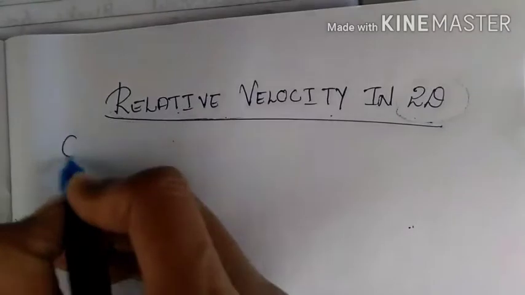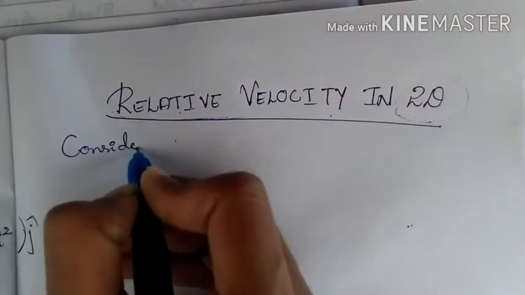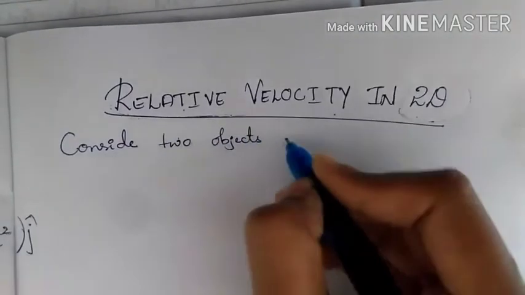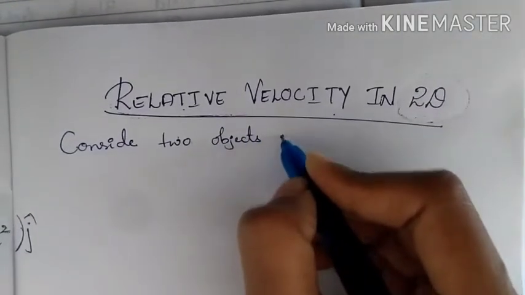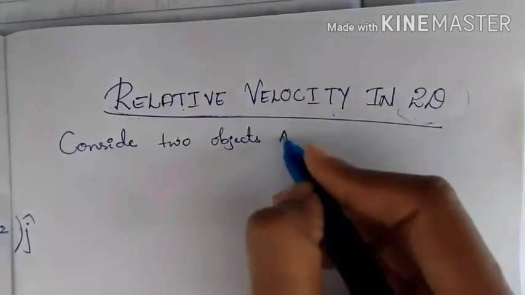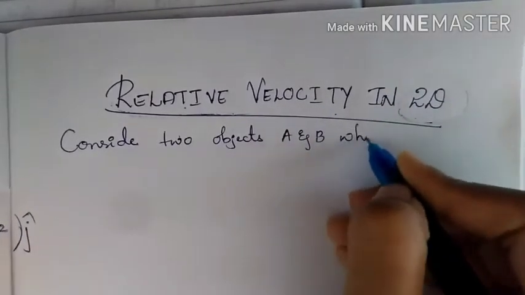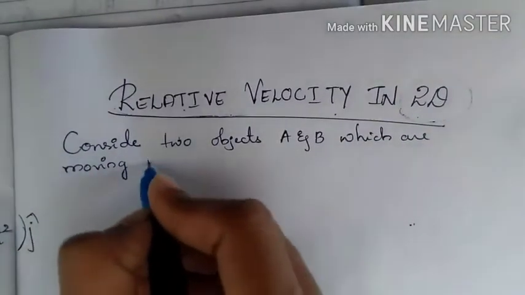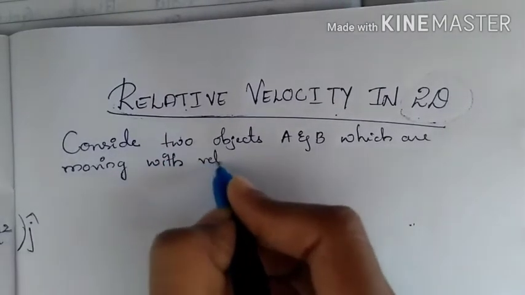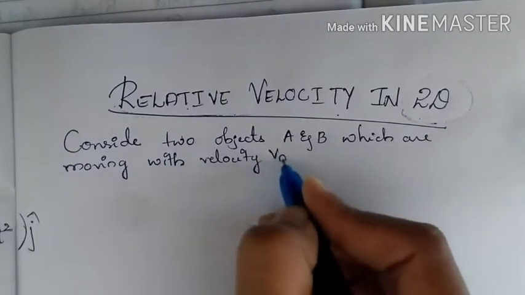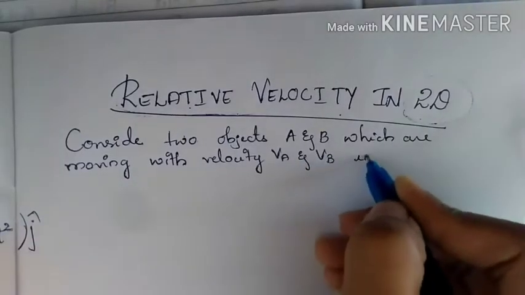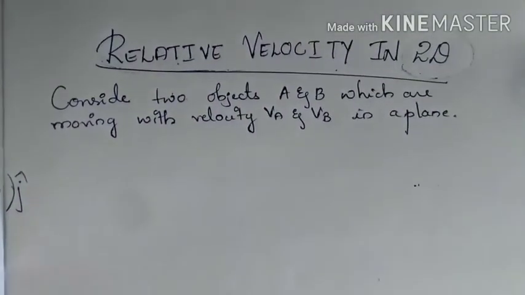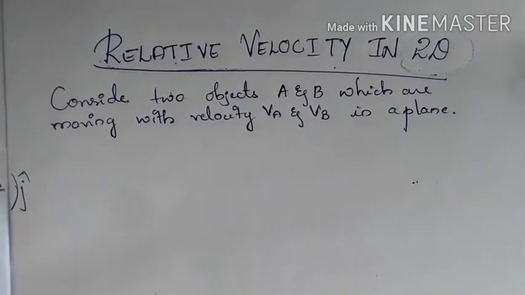So let us consider two objects which are moving with velocities VA and VB in a plane. For this we can again write a relative velocity equation.